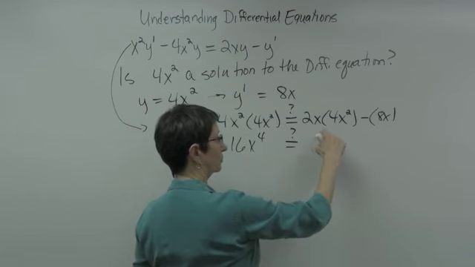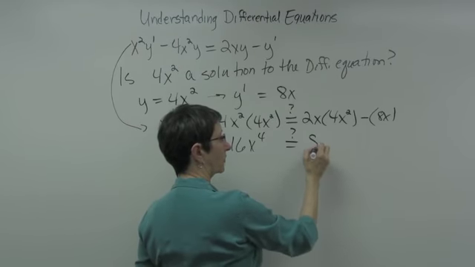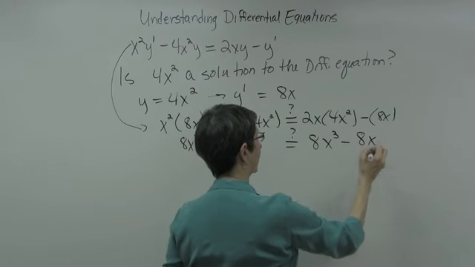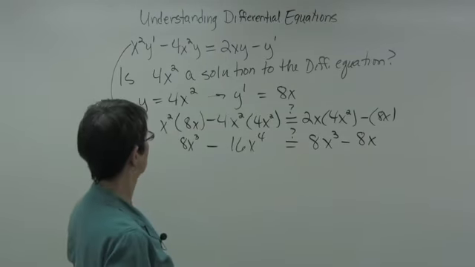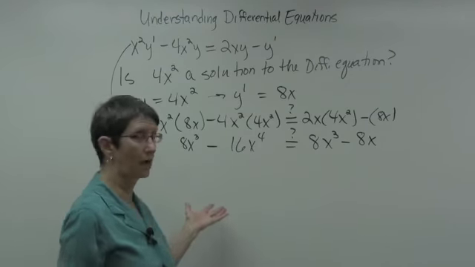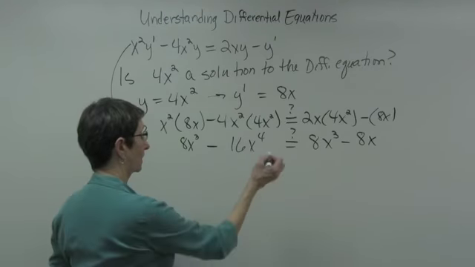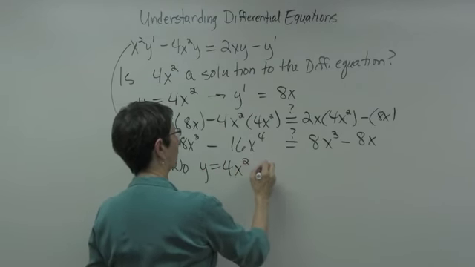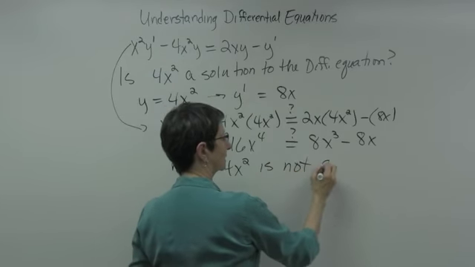Is that equal to 2 4s are 8, x times x squared is x cubed, minus 8x. These are not the same. So, no, y equals 4x squared is not a solution.